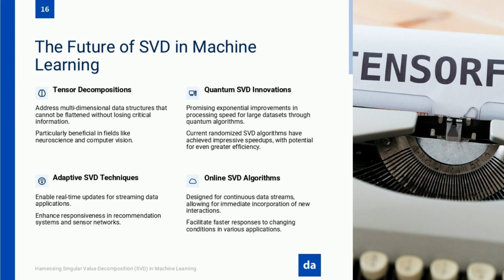As data moves beyond traditional two-dimensional matrices into multidimensional tensors, an entirely new frontier of decomposition techniques is emerging that could reshape how we process complex data across disciplines. While SVD has established itself as a cornerstone of modern machine learning, today's increasingly complex data structures are pushing beyond its classical formulation.